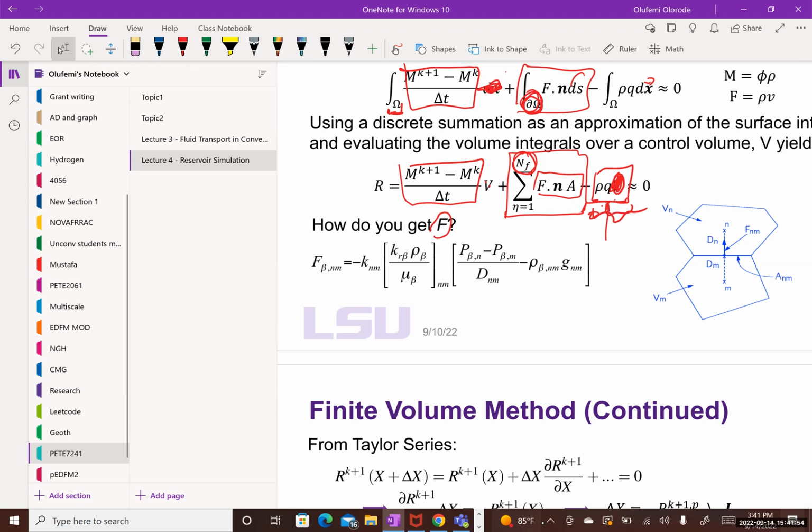So you want to do the dimensional analysis, be sure you've converted this to the right unit and then this to the right unit before you even implement. Otherwise, you'll be struggling and looking for bugs all over the place, whereas it's just unit conversion. So it saves you a lot of time when you do the unit dimension analysis, consistency check before trying to analyze the results of your code.